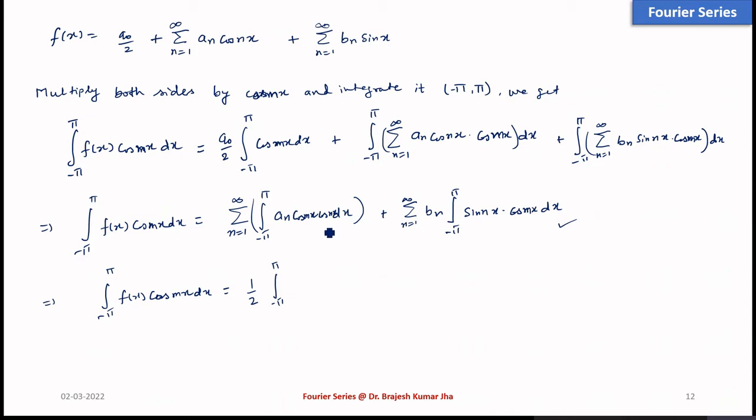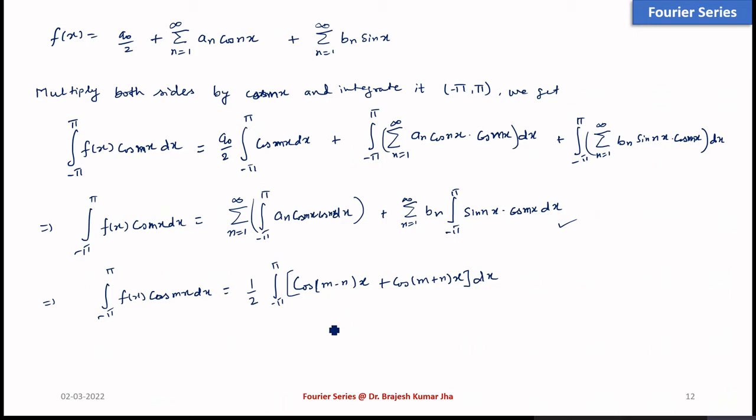So what we can write is cos (m minus n)x plus cos (m plus n)x dx. Is it so? Yes, sir.